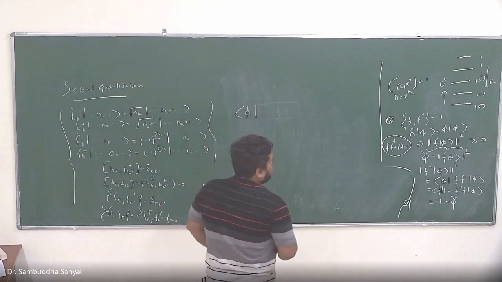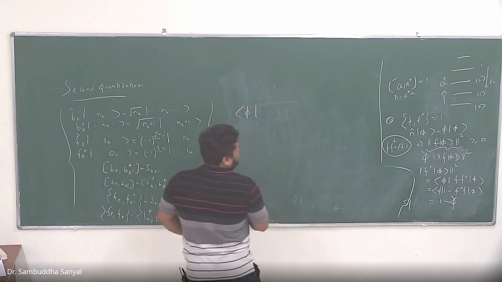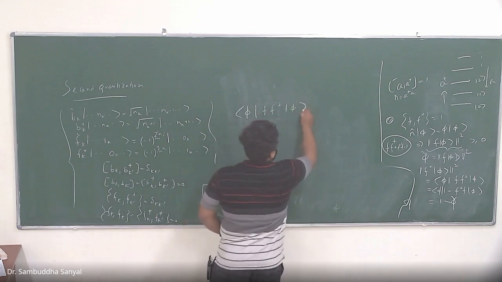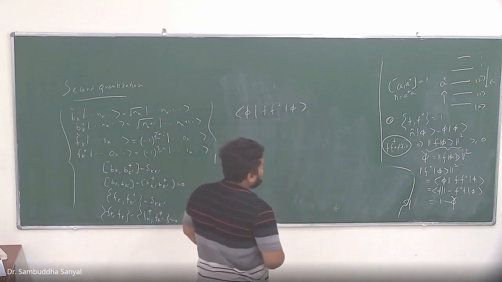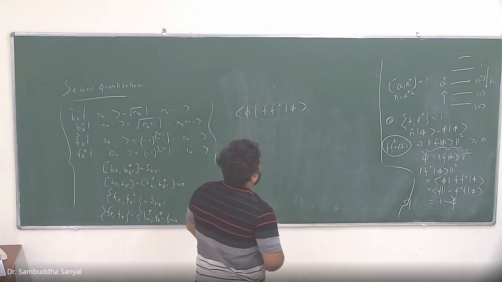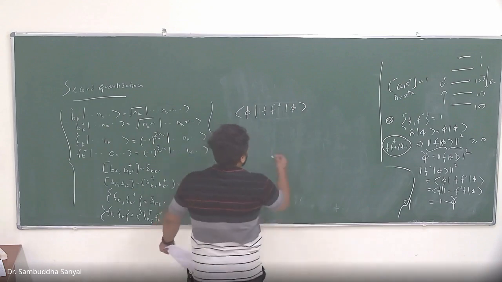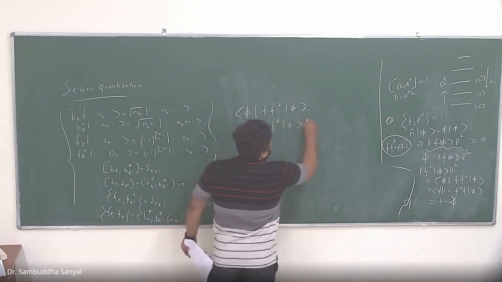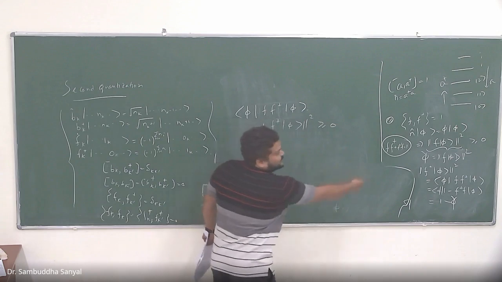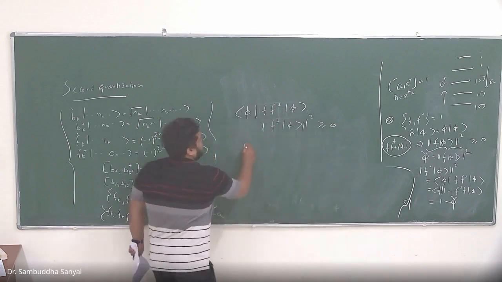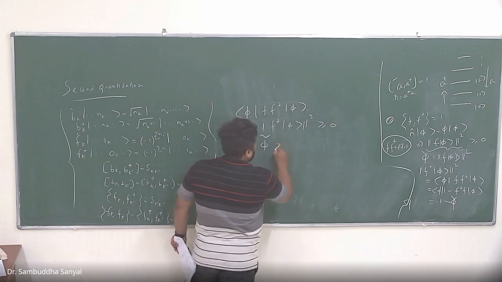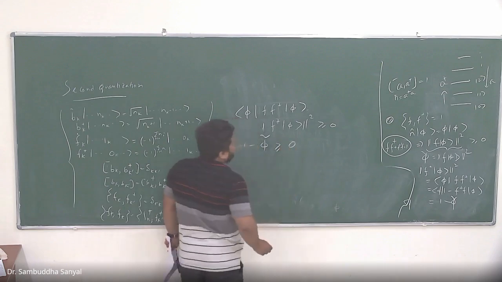F dagger phi. Okay. So I have to show that this thing is greater than 0. How will I show that? Okay, it's so trivial because this is also a square, right? This is also a square. So I should start with this. Okay. So I land with this conclusion that 1 minus phi is greater or equal to 0.